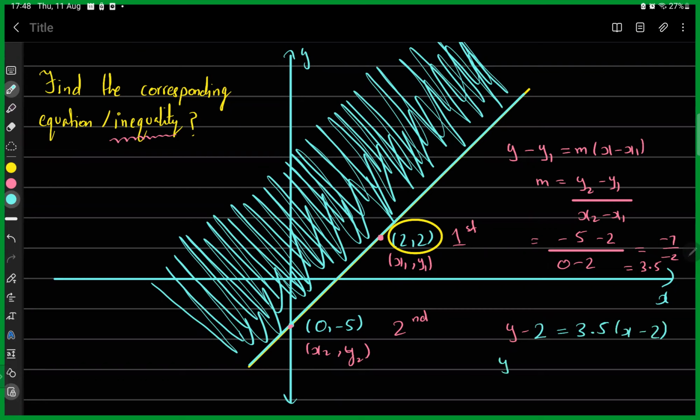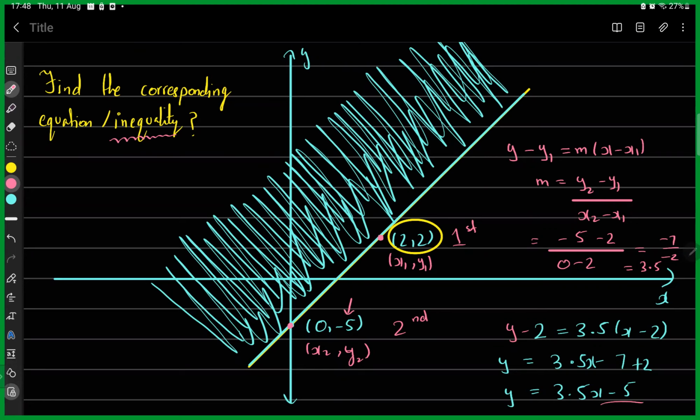And upon simplification, I would get y is equal to 3.5x minus 3.5 multiplied by 2 would give me 7, plus 2, and this is going to be y is equal to 3.5x minus 5, and this is correct. I can clearly see that my y-intercept is minus 5 and I'm getting minus 5 as my intercept, but we are not done yet. This is just the equation of the line.